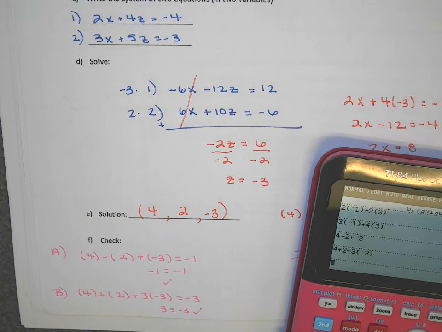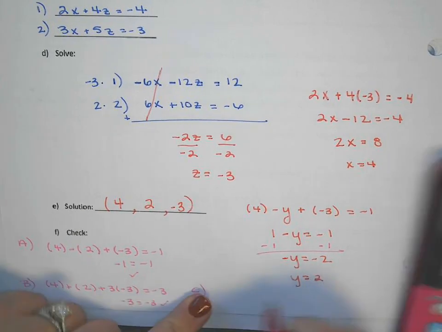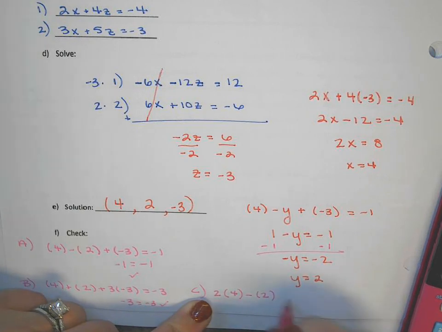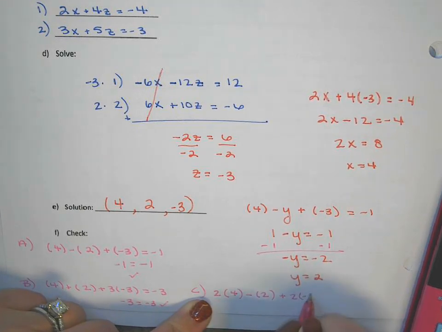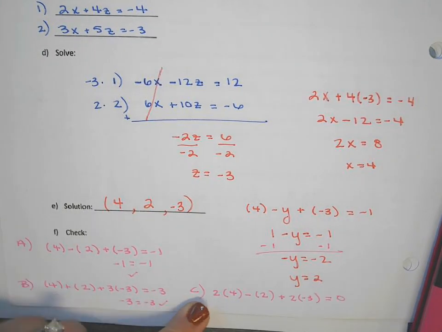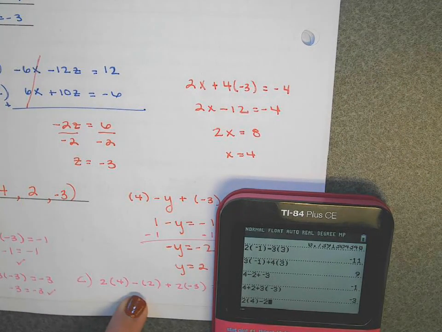I still have one left to check. C. In C, I have 2 times x is 4, minus y is 2, plus 2 times z is negative 3, is supposed to be 0. I'm going to plug this in. 2 times 4 minus 2 plus 2 times negative 3.